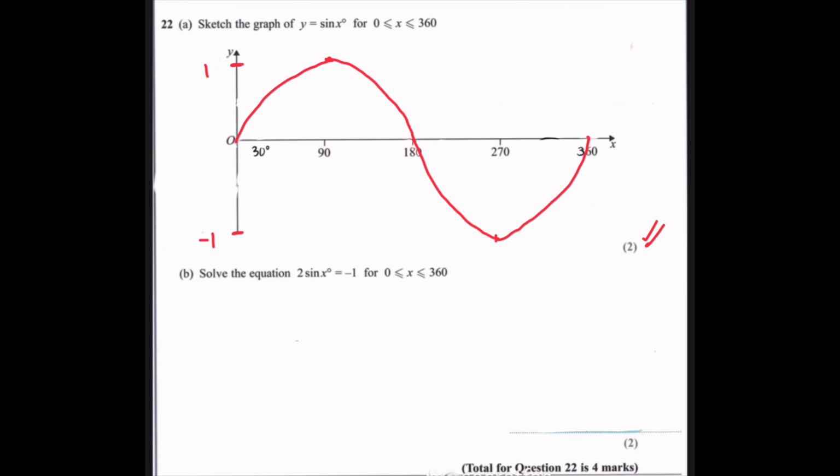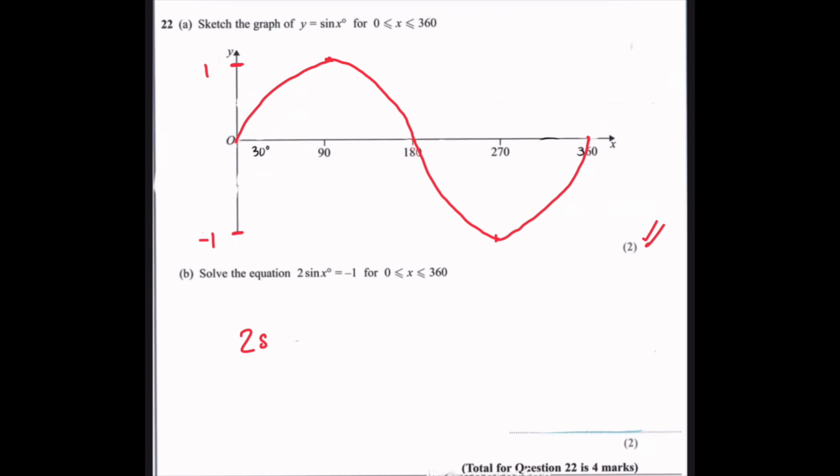Solve the equation 2 sine x equals minus 1 for between 0 and 360. So how do I go about this? 2 sine x equals minus 1.